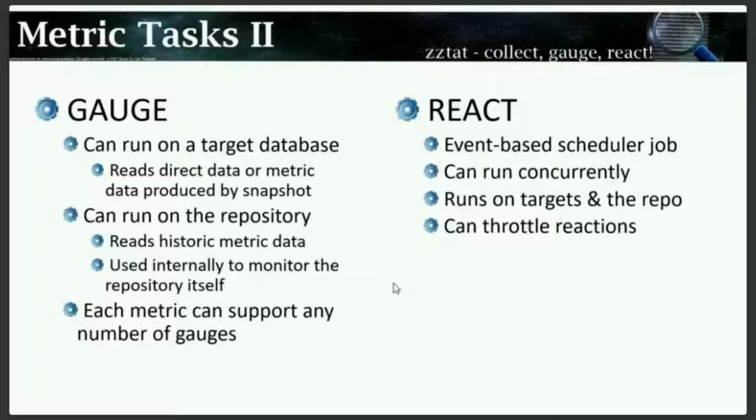So apart from just executing reactions, the React process is also capable of throttling reactions. This is important when we're using any kind of reactions which are a bit more intrusive.